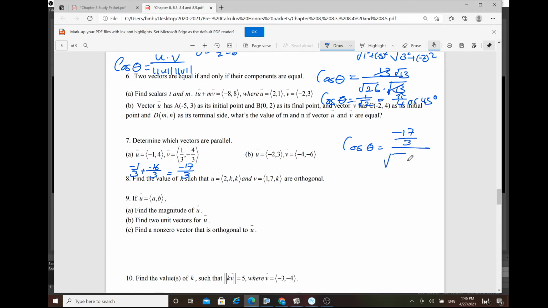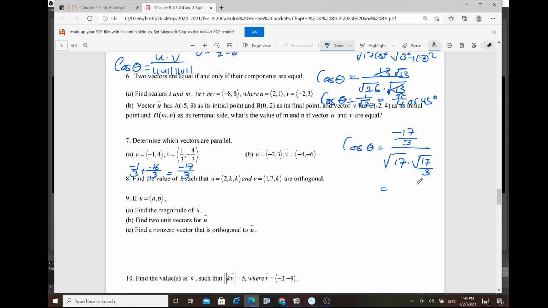So square root of 1 squared plus 4 squared, so square root of 17, times the magnitude of v: 1/3 quantity squared, 1/9, plus -4/3 quantity squared, 16 over 9. So square root of 17 over 3.